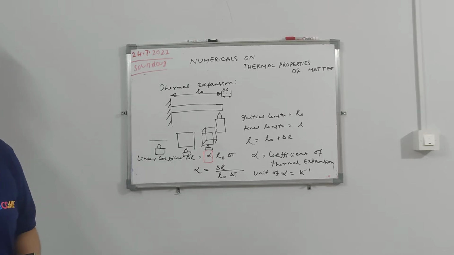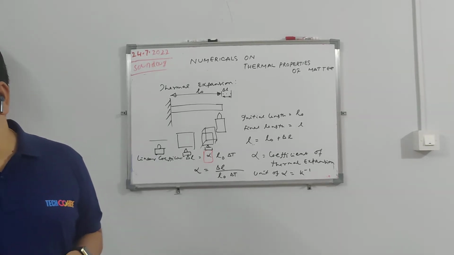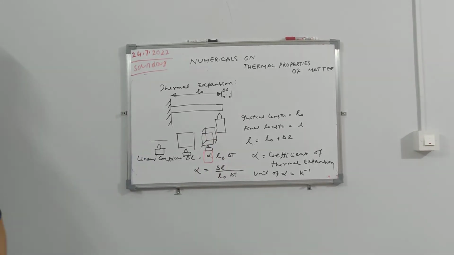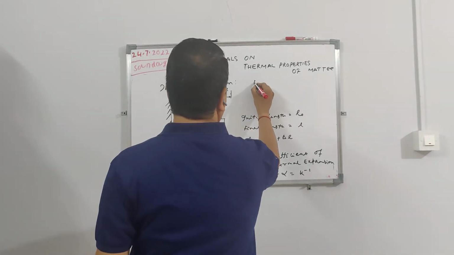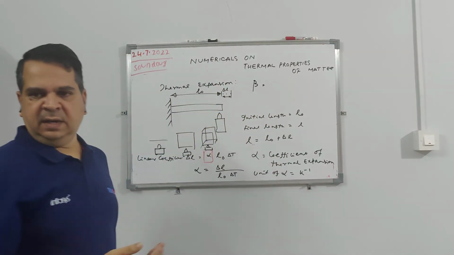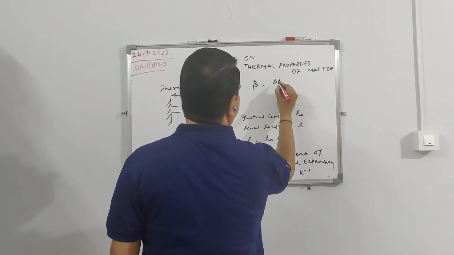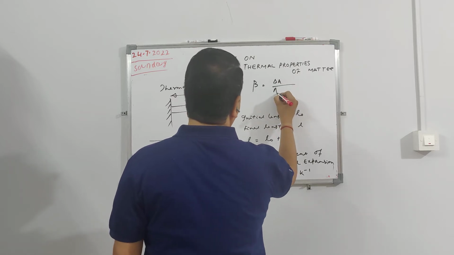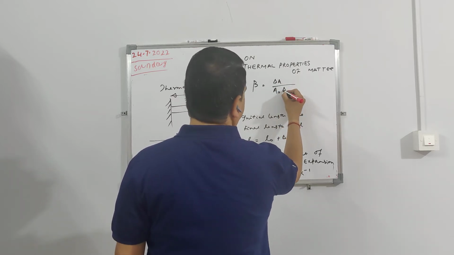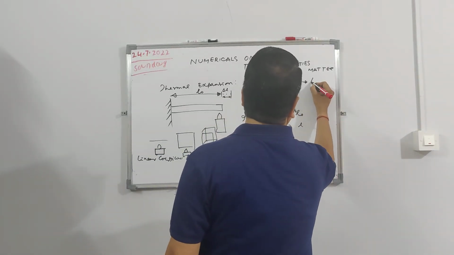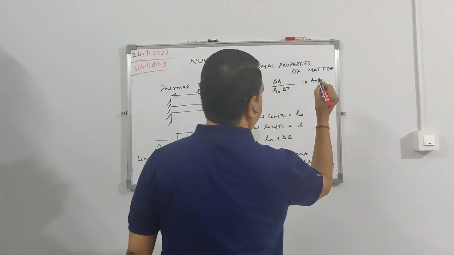Okay. Similarly now we have discussed linear. Your coefficient of area expansion will be the same. Say we write it as beta. So beta is equal to delta A divided by A0 into delta T. This is your beta, corresponding to area, the coefficient of area expansion.